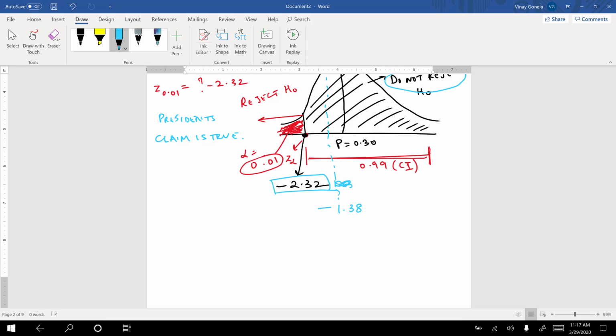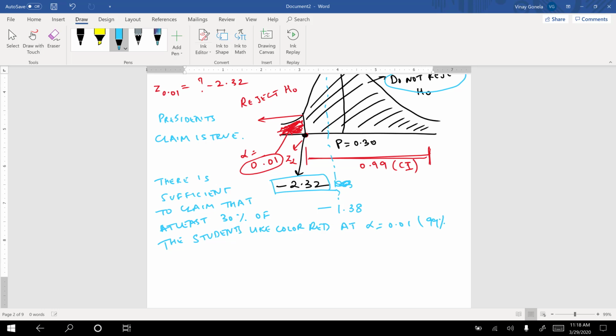What we are trying to say is there is sufficient evidence to claim that at least 30% of the students like color red at a significance level of 0.01 or confidence level of 99%. So that is what this statement says.